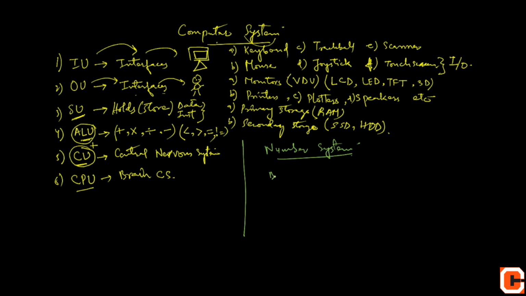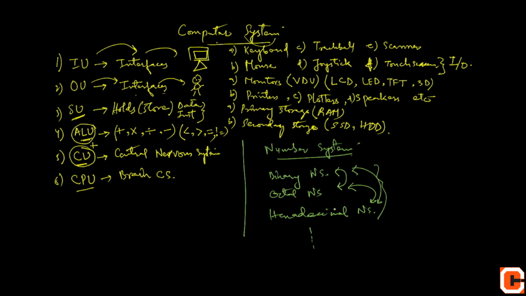For that we must know the binary number system, the octal number system, the hexadecimal, decimal number system, and so on. These are the different number systems, and we will also know how to convert one into the other in the future lectures.